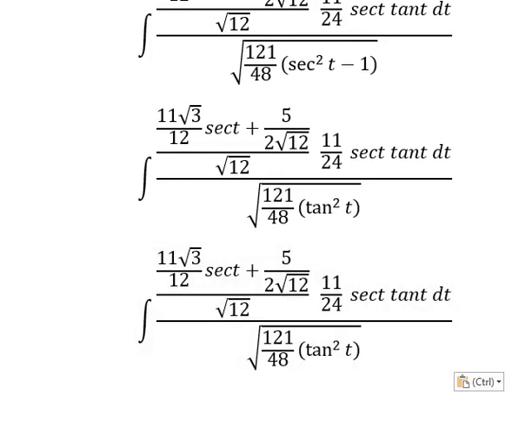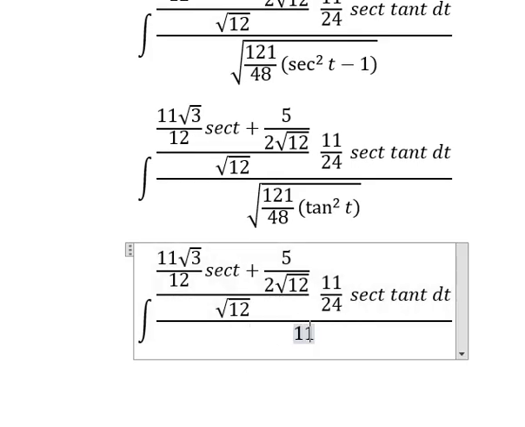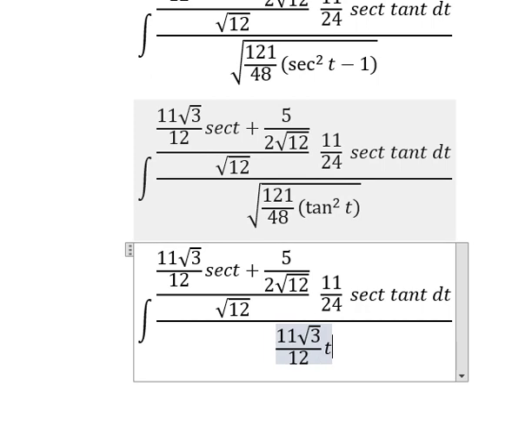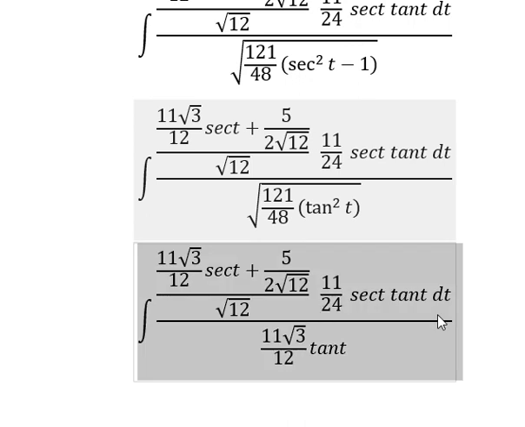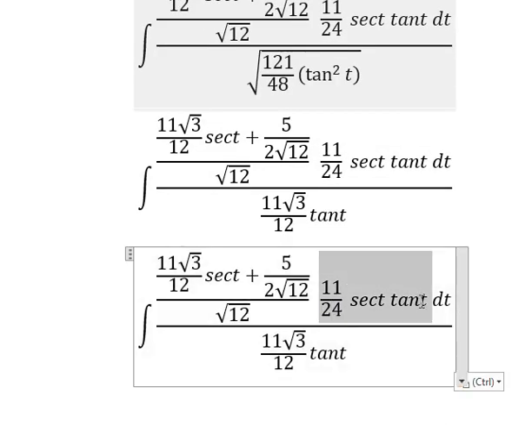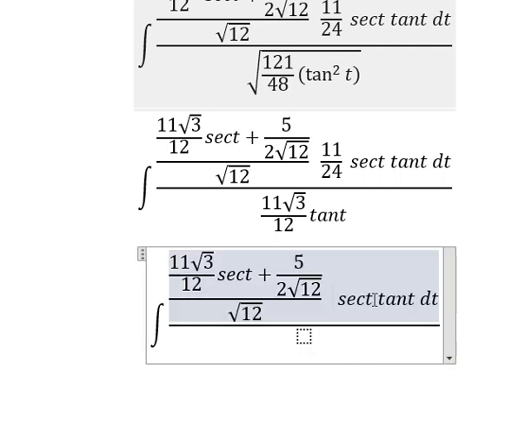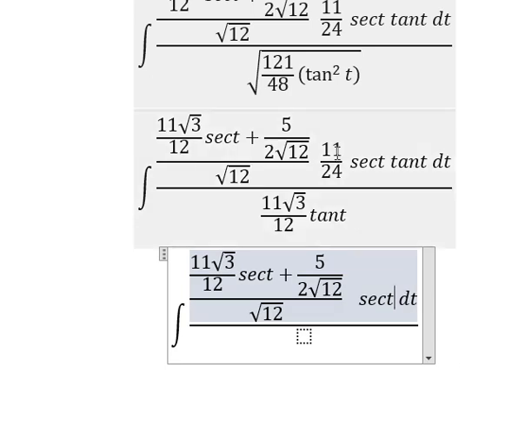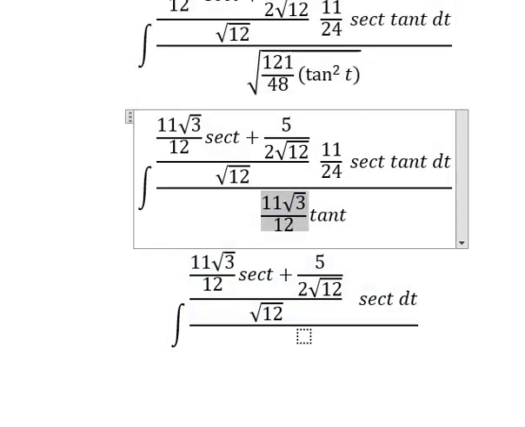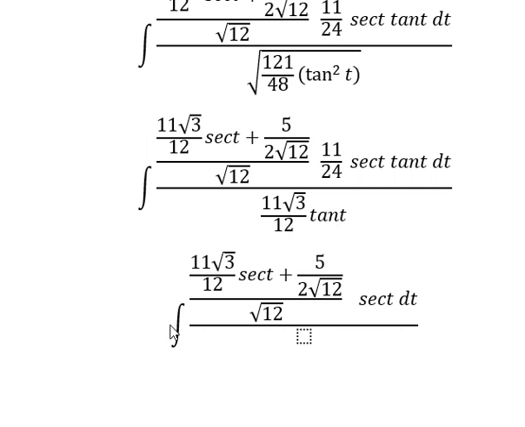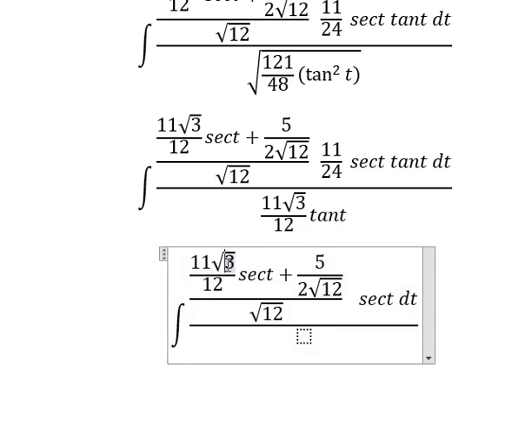And now we put this one outside the square root. So we have 11 with the square root of number 3 over number 12. And now this one divide by this one, so we have like this. So this one divide by this one, so we have the square root of number 3 over number 6.